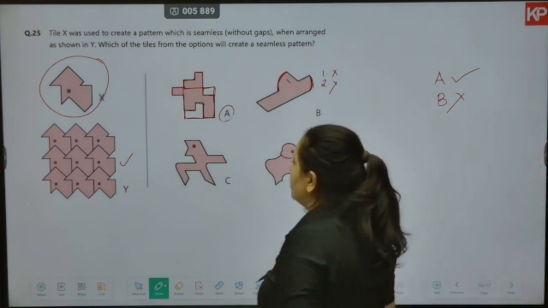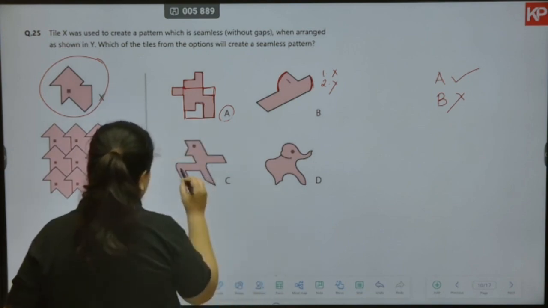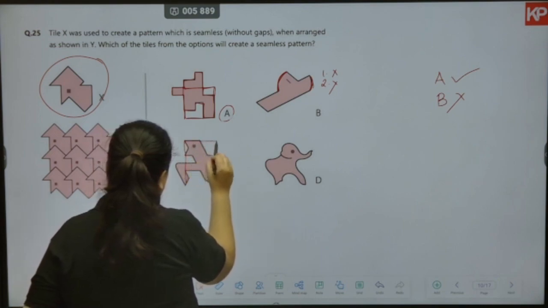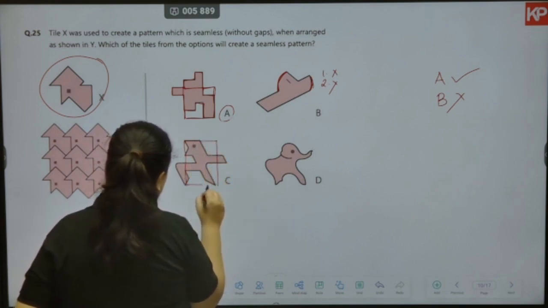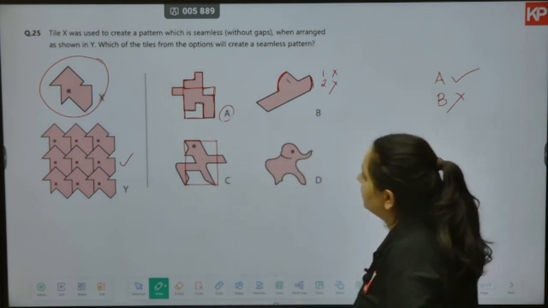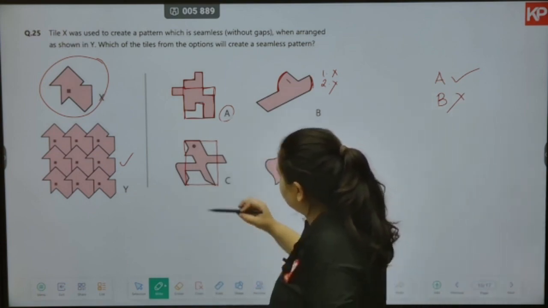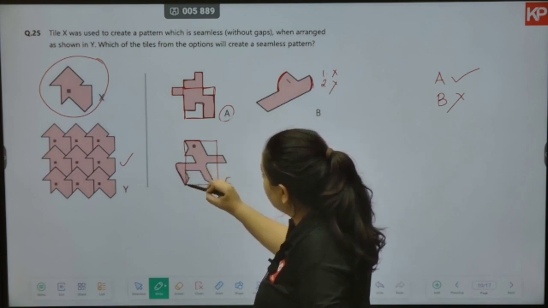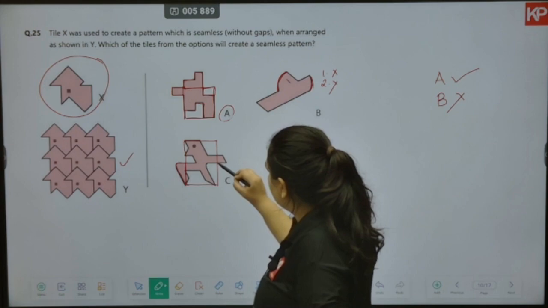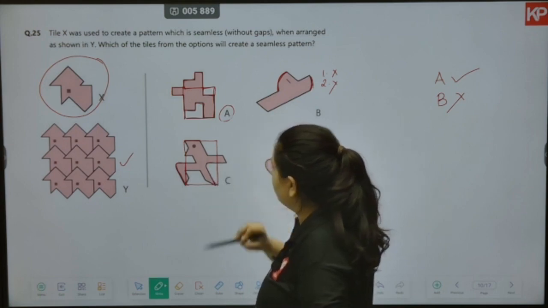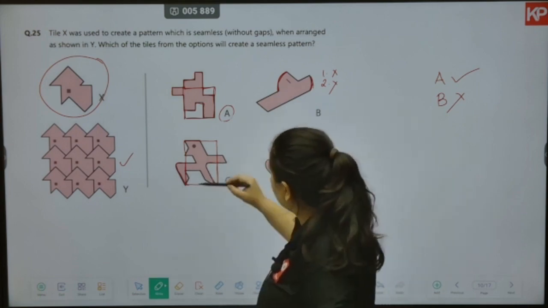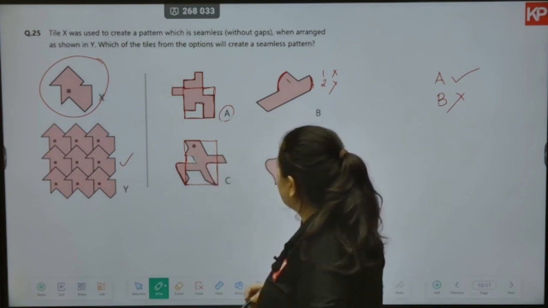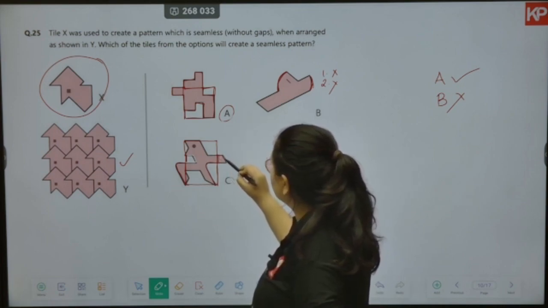Let's check what is happening in option number C. Okay, we have drawn a shape over here. Let's see what is happening. Towards the left, we have this shape that is getting added and this shape which is getting deducted. So yes, holds true. Now again in this portion, we see a quadrilateral getting deducted and we see a quadrilateral getting added.